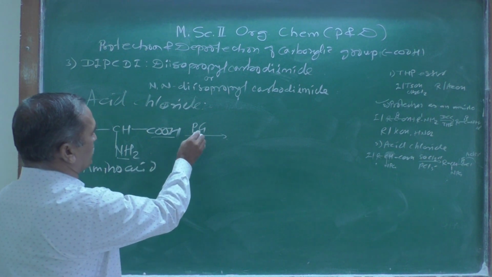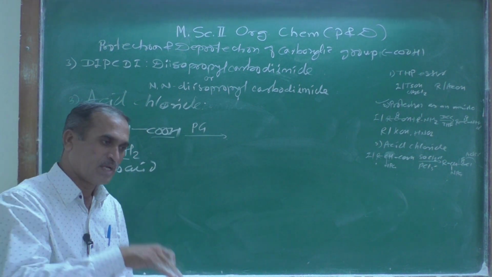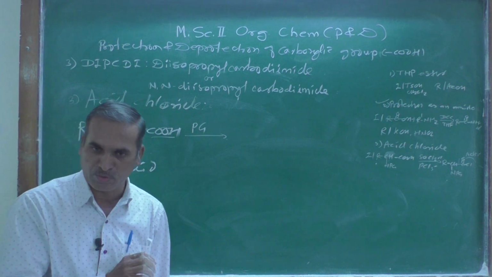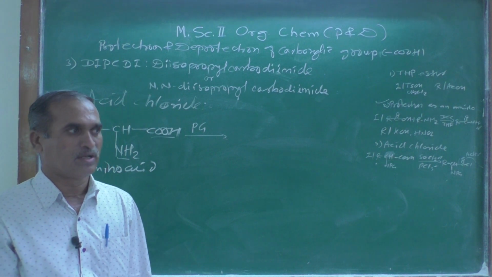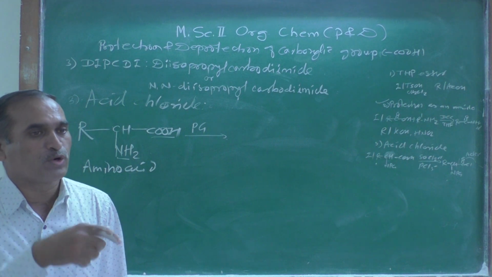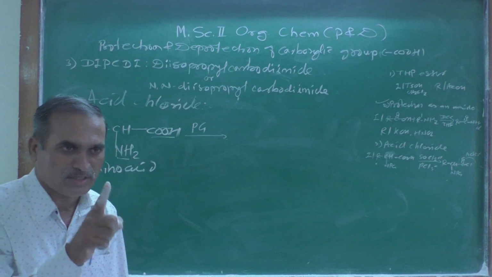So this protecting group goes on selectively. As we already learned, there are some protecting groups for NH2, for example CBZ, BOC, FMOC. These are very good protecting groups, but here I am writing them in short as PG.